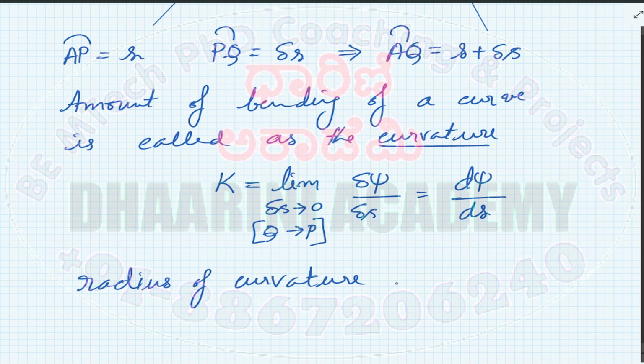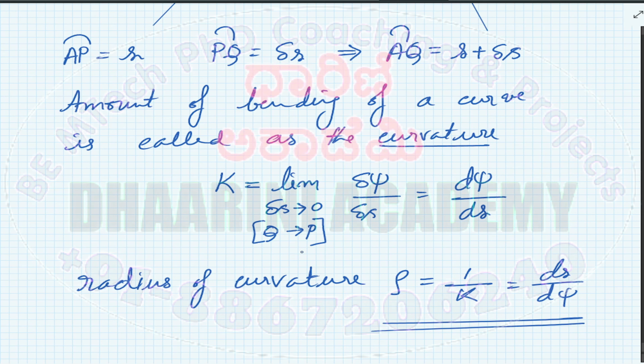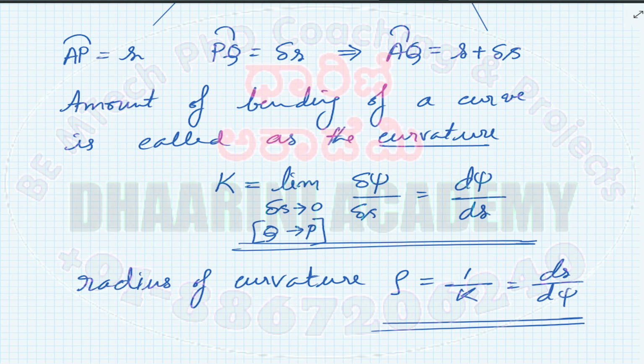This is denoted by rho, which is equal to 1 by K. As per the definition of K, it is d psi by ds, so now it's ds by d psi. So using these two, one is the radius of curvature and the other one is the curvature itself. For any given curve, we can always calculate the curvature and the radius of curvature.